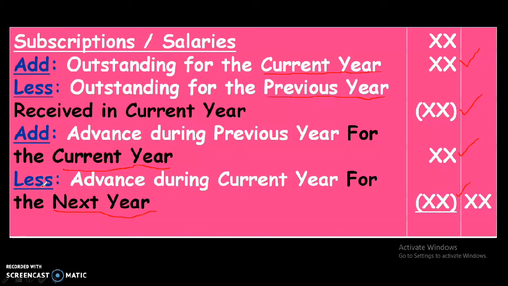So everything for the current year we add, everything for the previous year or next year we minus. And that is how we derive at the total amount of expenditure, total amount of subscription or salary for the current year. Alright, so that's about the adjustment on outstanding and advance incomes and expenditures.